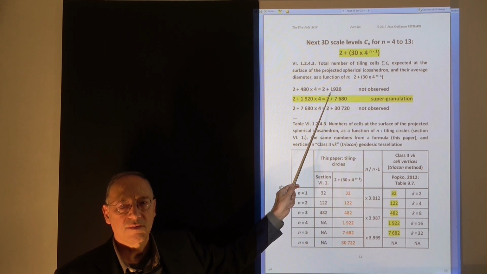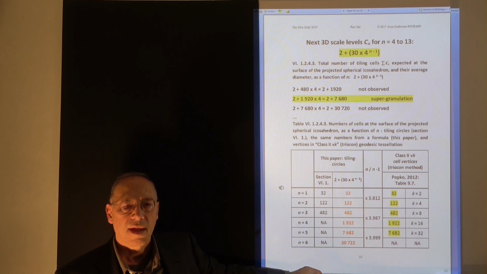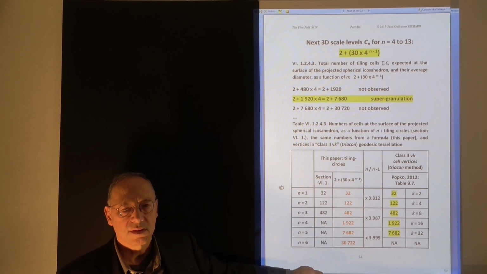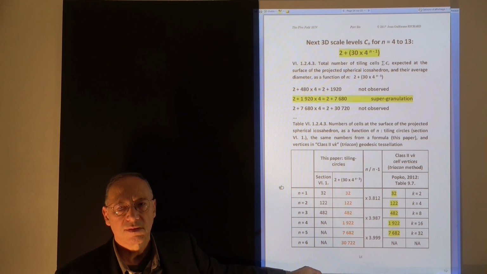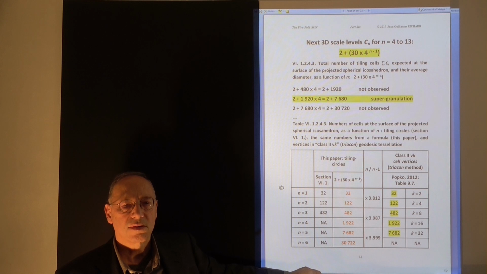So the first next level corresponds to no observed solar cell, but the next level yields 7,682 cells, and we shall see that it corresponds to a diameter and a surface which is that of supergranulation. So it is important to see that we do not actually have observed solar cell typical sizes at each level of the dissection of the solar surface.